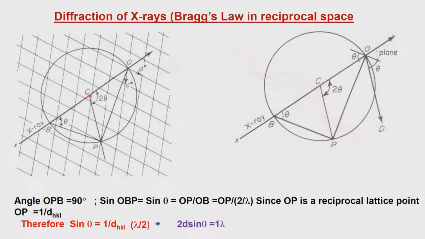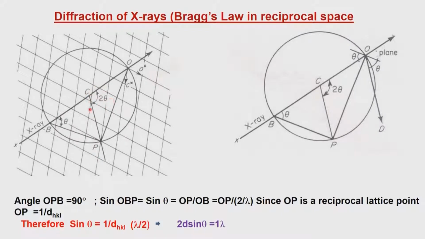At this moment, let us say we put a crystal at C. If this is the direction in which the unit vector of the incident beam is coming, this is S naught, and this is the direction in which it goes out, this is S, the scattering vector. The angle between them is 2 theta by definition. So, we have given this as 2 theta.